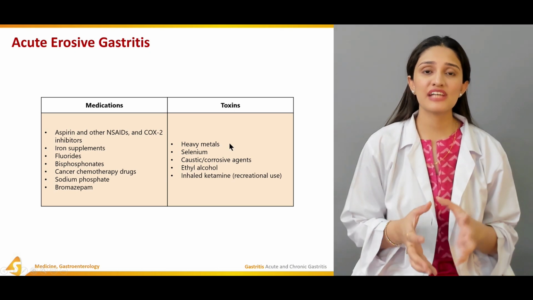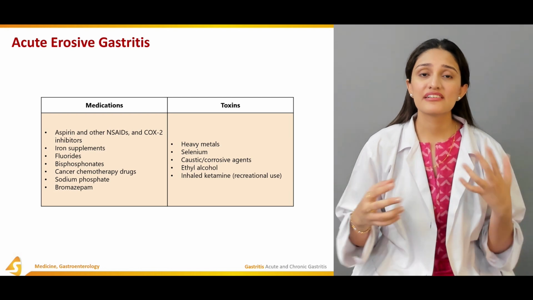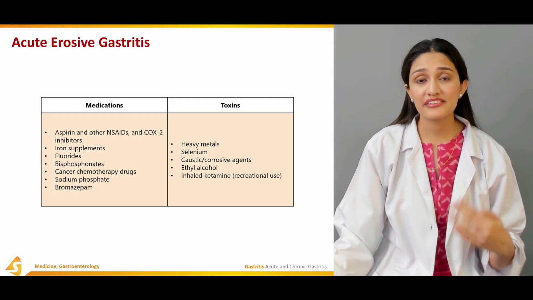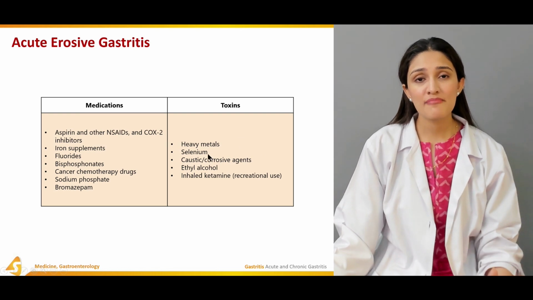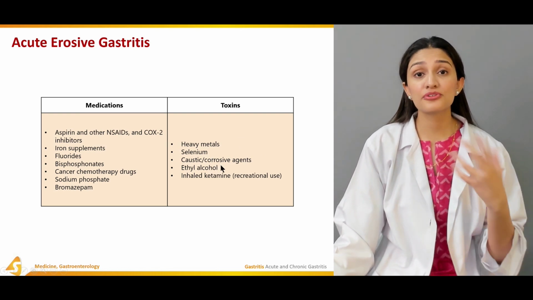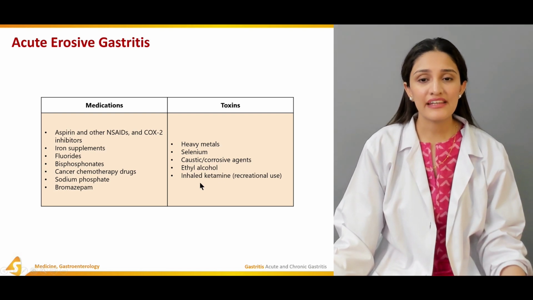Other than that, there are different types of harmful toxins that, if a patient ingests them, could cause reactive gastropathy, such as heavy metals, selenium, caustic or corrosive agents, ethyl alcohol, and inhaled ketamine.